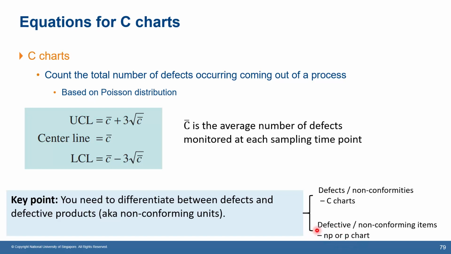If you are counting the actual individual defects, which can be printing errors or dents in the packaging, these are examples of defects or non-conformities. So this will then be the C chart. As you can see, the C chart is not going to be as commonly used in the food industry.